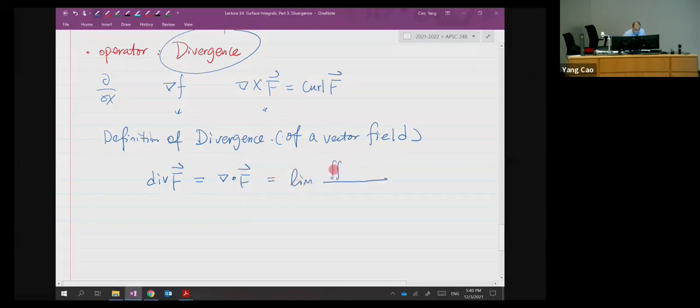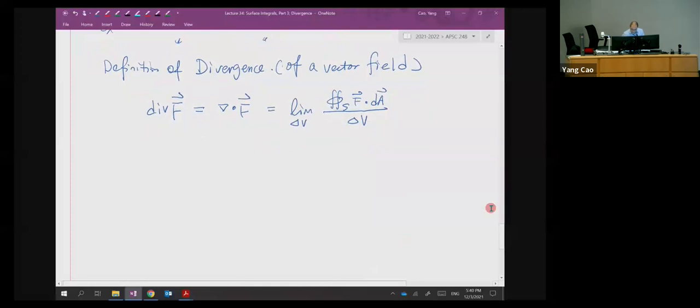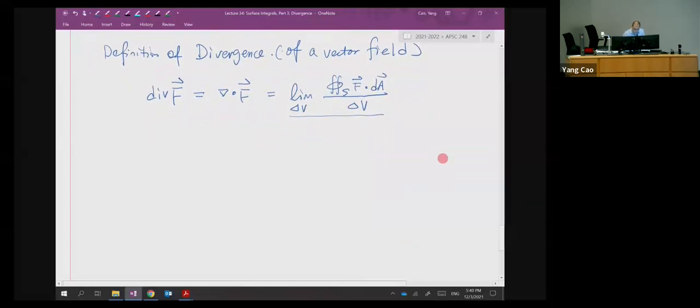The numerator here is a surface integral, and the denominator is delta V. That's the formal definition of divergence. So let's study this limit a little bit and understand the meaning of it.